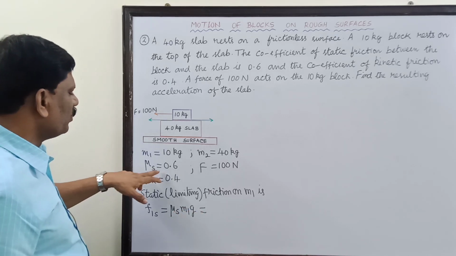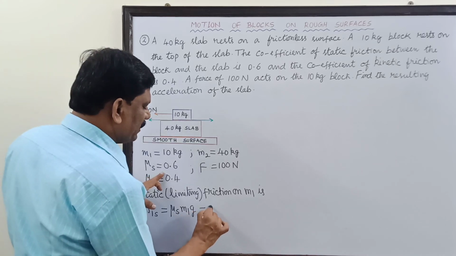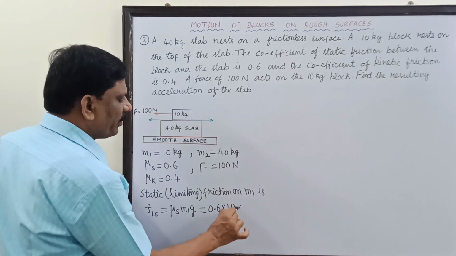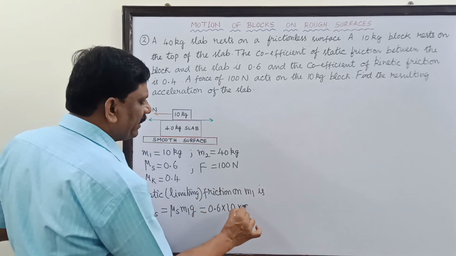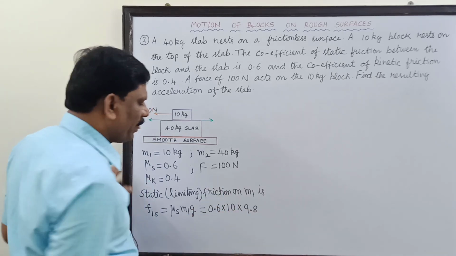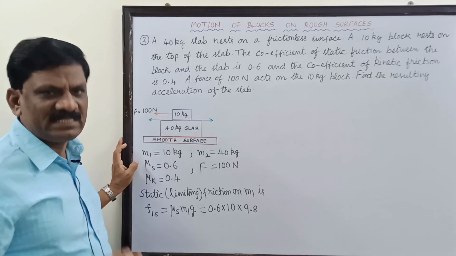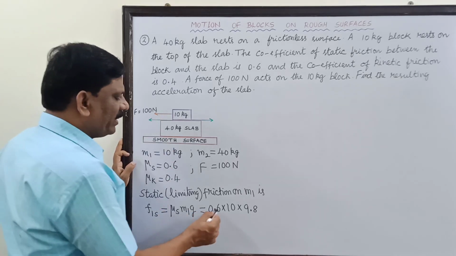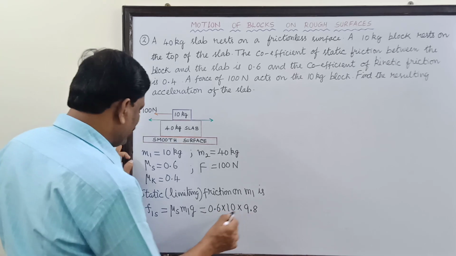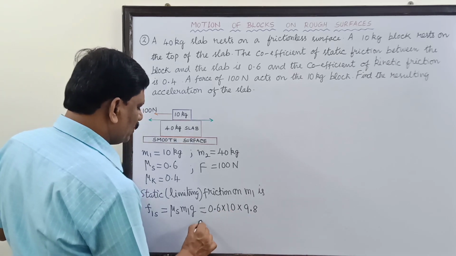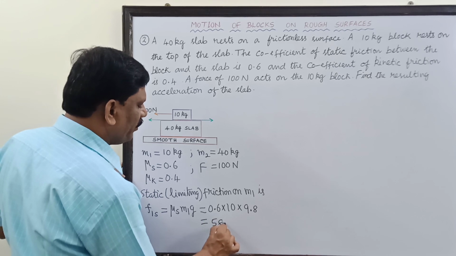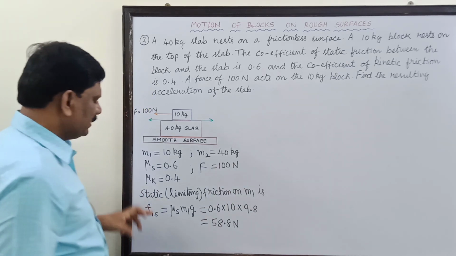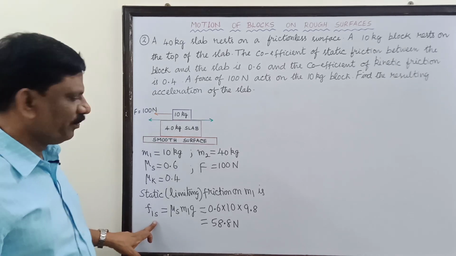Mu static is 0.6, multiplied by the mass 10 kg, into g, which I will take as 9.8. Unless they give the value as 10, we are supposed to assume the value 9.8 only. So this is 0.6 into 10, which is 6, and 6 into 9.8 is equal to 58.8 Newton. So this is the static friction.